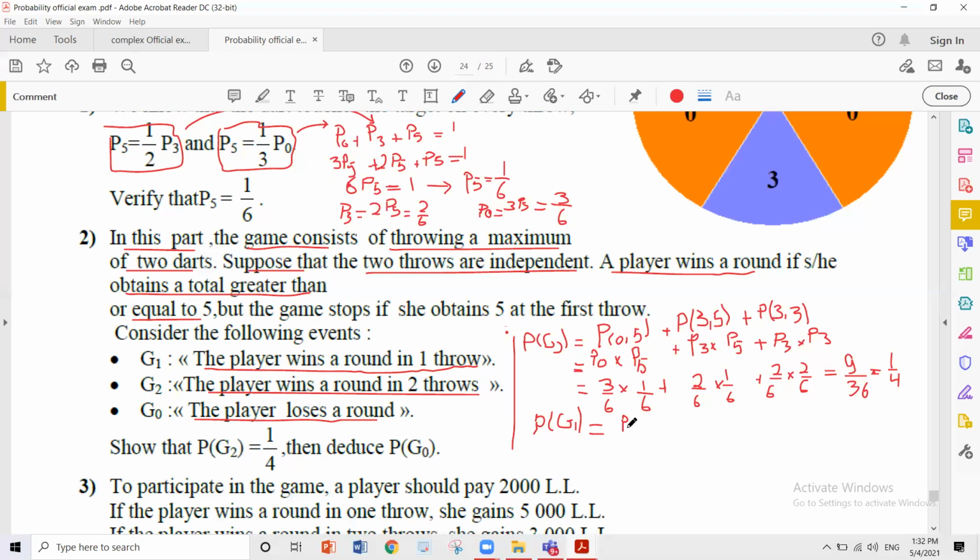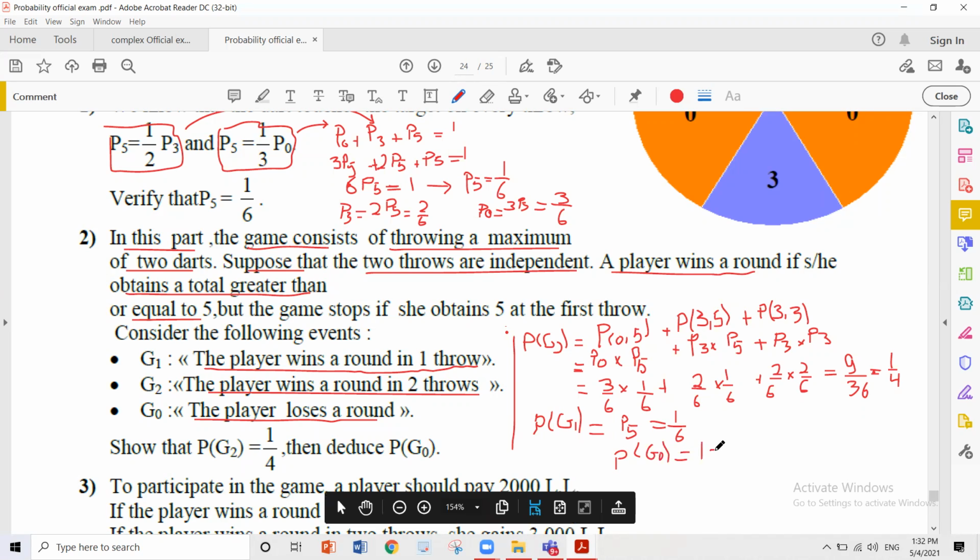P5 equals 1 over 6. So the probability of G0 equals 1 minus the probability of G2 minus the probability of G1.